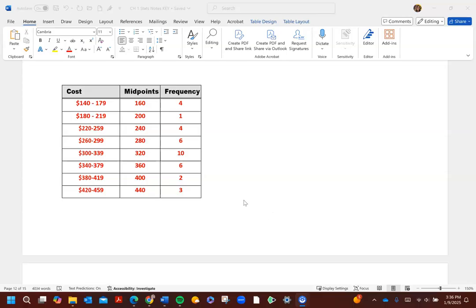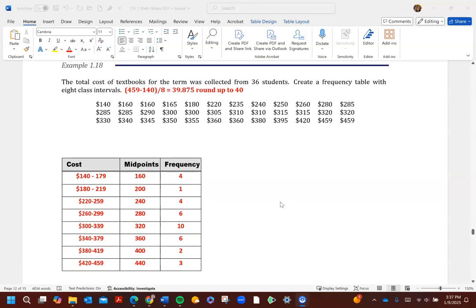Okay, so you want to pause and just make sure you're matching up. And so you can see the clump that has the most is the 300 to 339. Even just from the table helps sort it out really well.